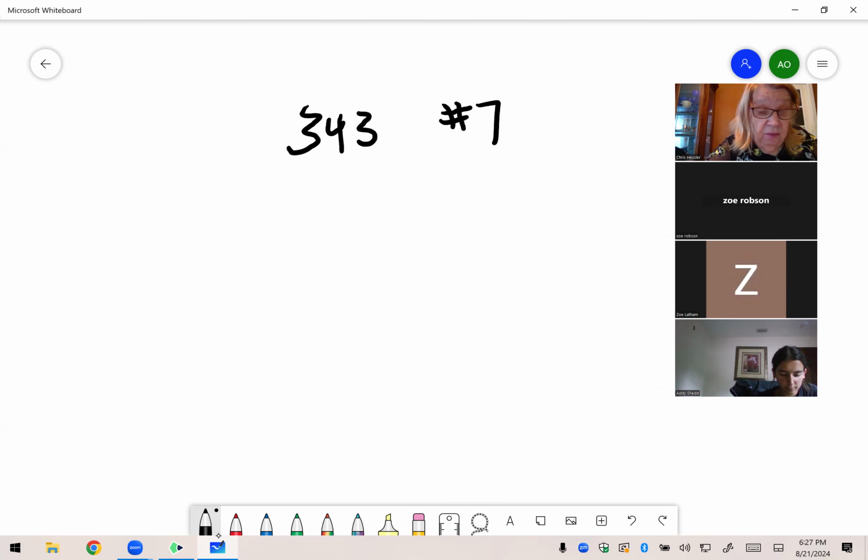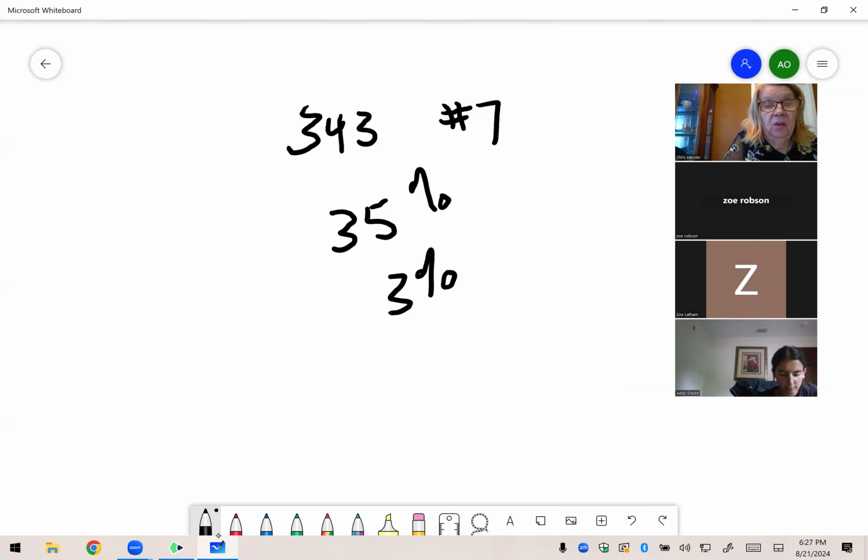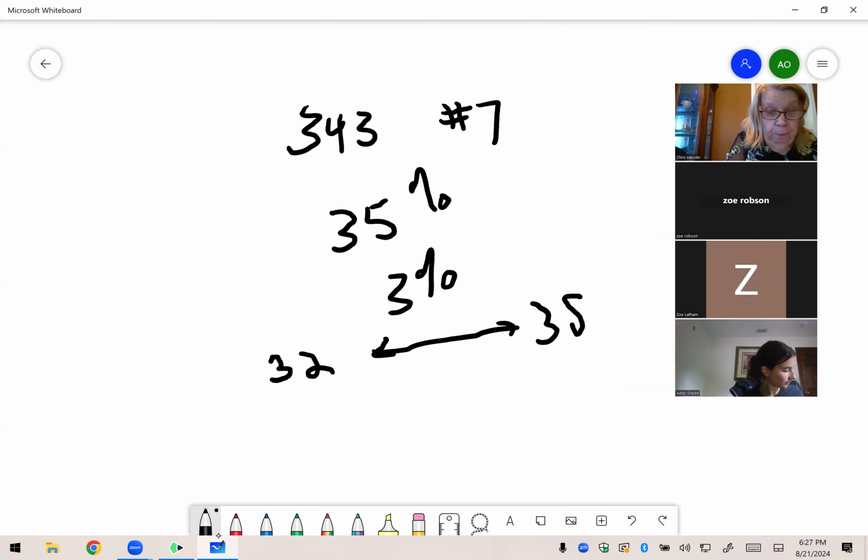From a population of 50,000 people, 1,000 were chosen at random and surveyed about a proposed piece of legislation. Based on the survey, 35% of the population support the legislation with a margin of error of 3%. So that would be 32 all the way to 38.